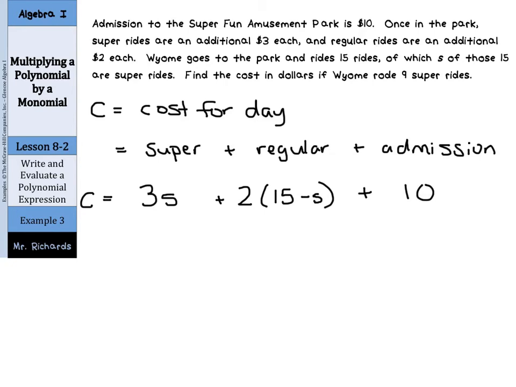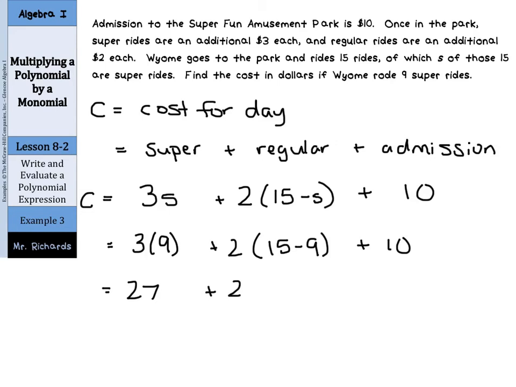Now, we're told that he rode 9 super rides, so our cost is going to equal 3 times 9 for the 9 super rides, plus 2 times 15 minus 9 to get us the amount of regular rides, plus the $10. So 3 times 9 is 27.